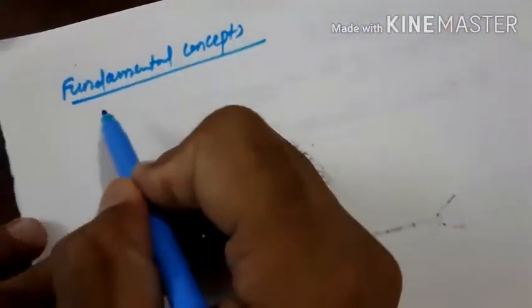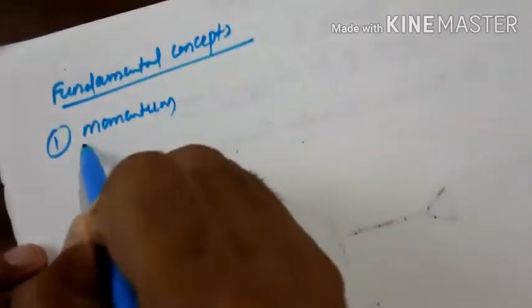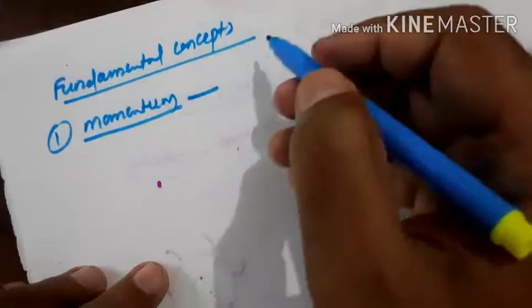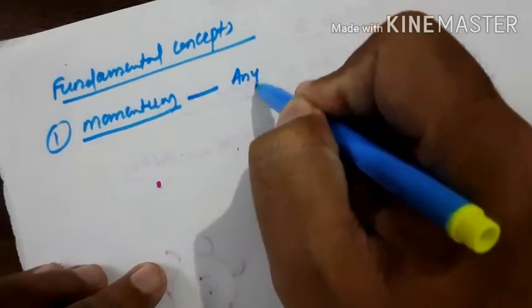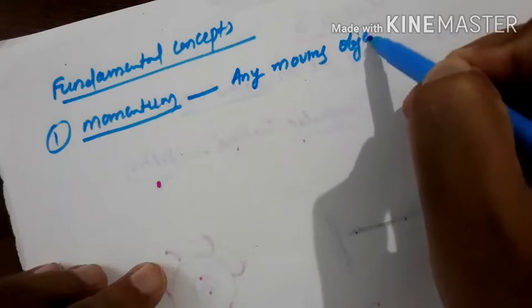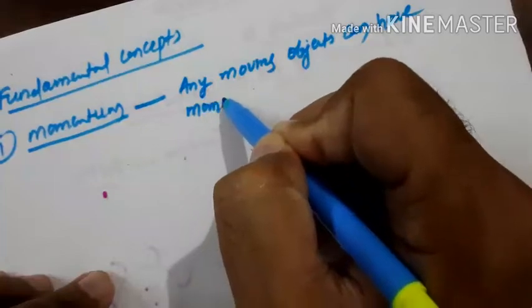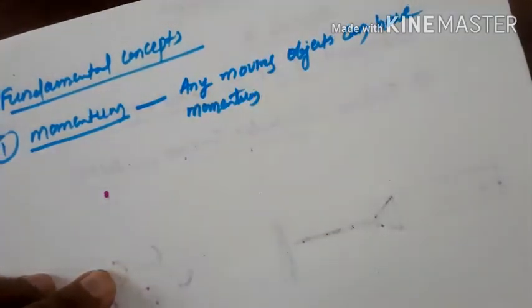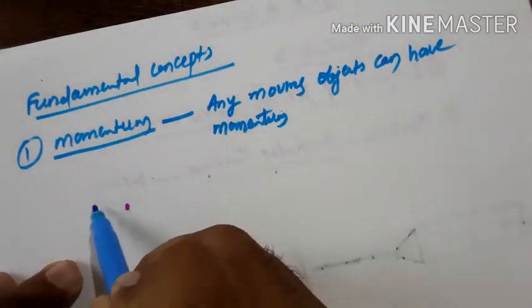The first thing we will define is momentum. Any moving object can have momentum. How do you define momentum?